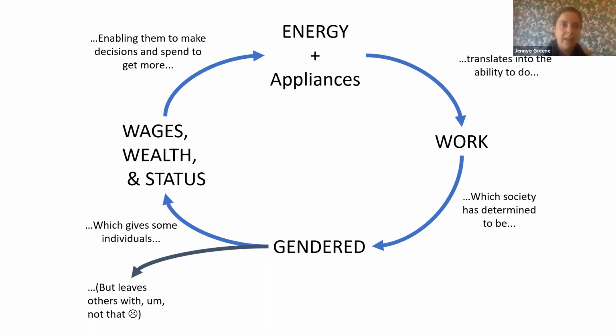And some people's work, oftentimes a lot of care work, a lot of subsistence agricultural production, reproductive work, raising children, is still work, but it doesn't lead to the same outcomes as the wage labor. So the fact that energy and appliances plays this key role in setting up this economic cycle, and the way it differs sometimes for men and women, depending on where they live and what norms exist there, is important to keep in mind.